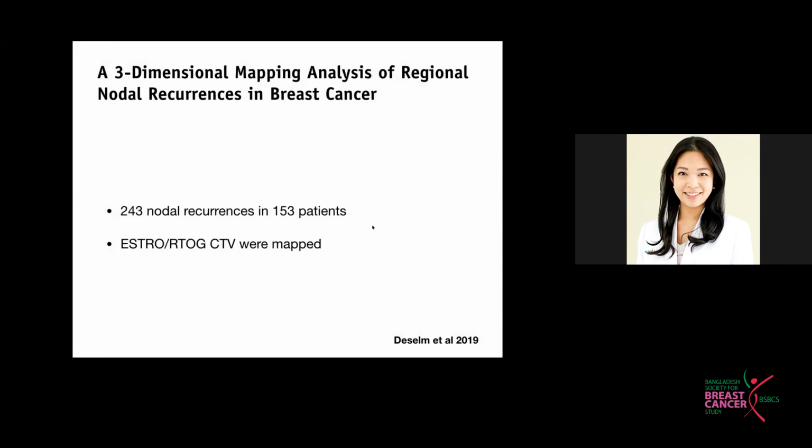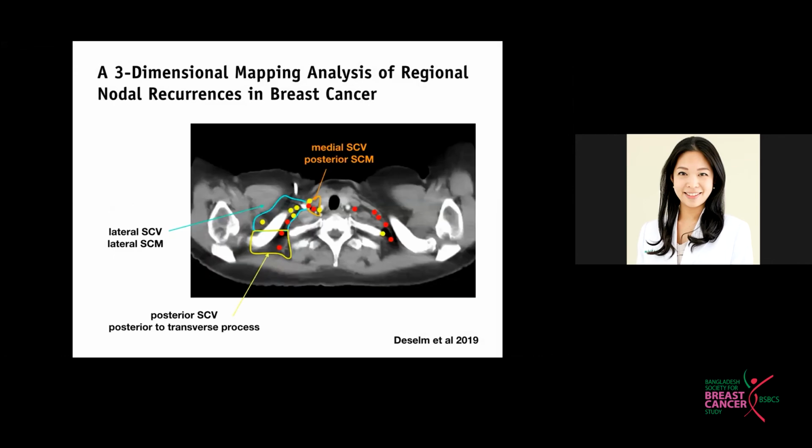This is a study from Memorial Sloan Kettering Cancer Center, and they drew and mapped SL and RTOG guidelines. The interesting point is they divided the supraclavicular region into 3 volumes: medial, lateral, and posterior. The medial and lateral are divided by the sternocleidomastoid muscle, and the lateral and posterior are divided by the transverse process.